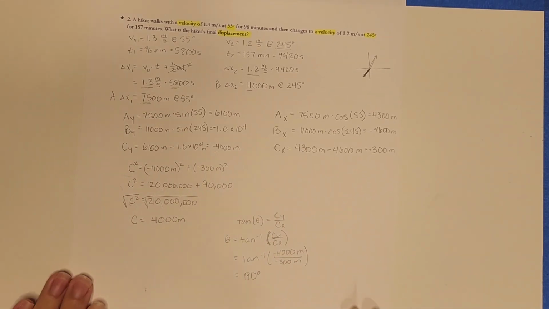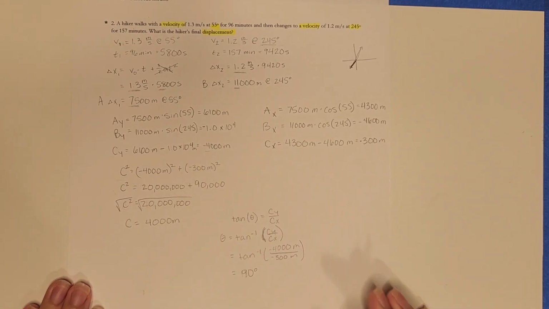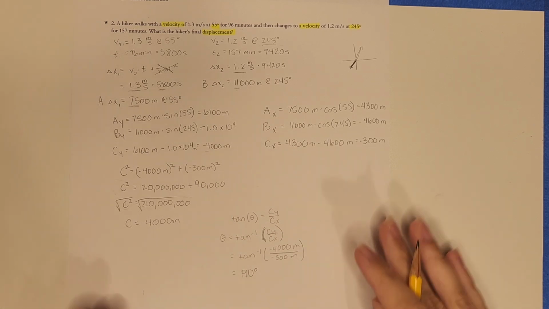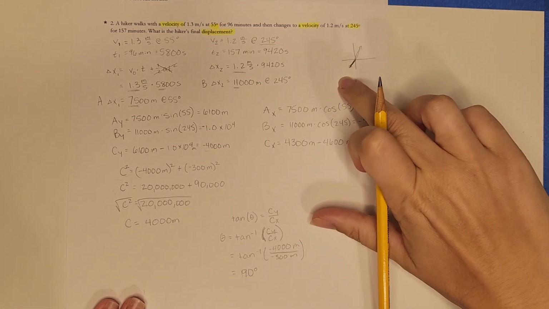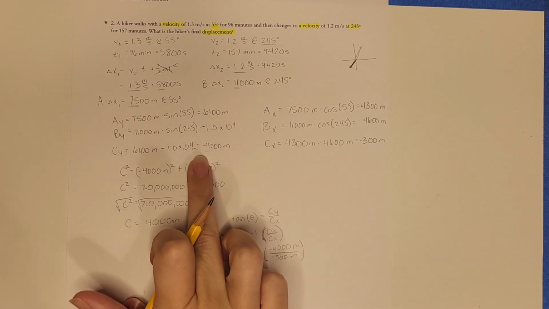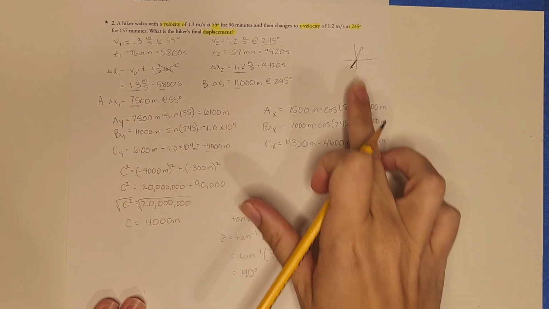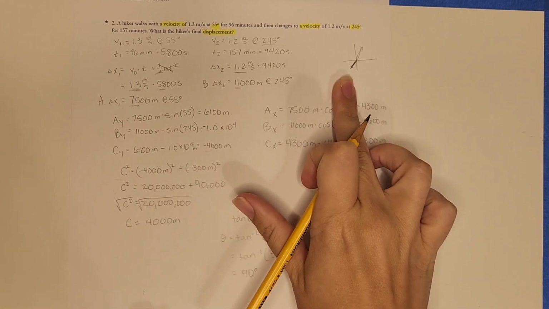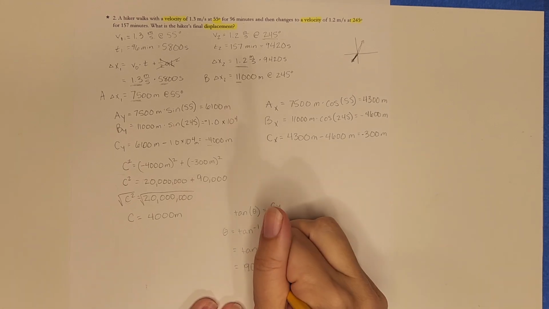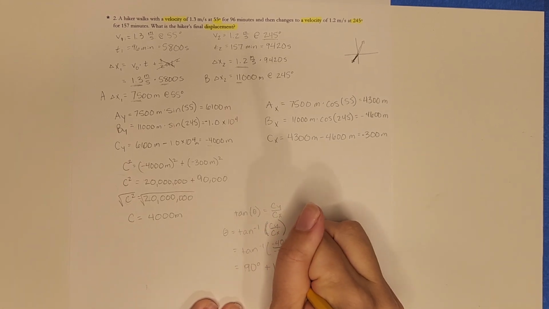Now, remember that we are going to the third quadrant, right? We have a negative y and a negative x. We should be in the third quadrant, and so we have to do a little bit of extra math here. I'm going to add 180 degrees.